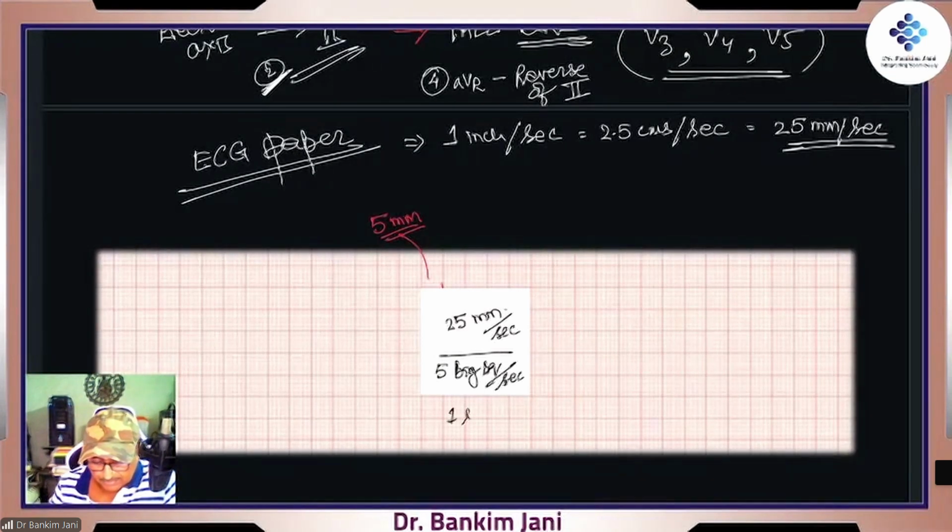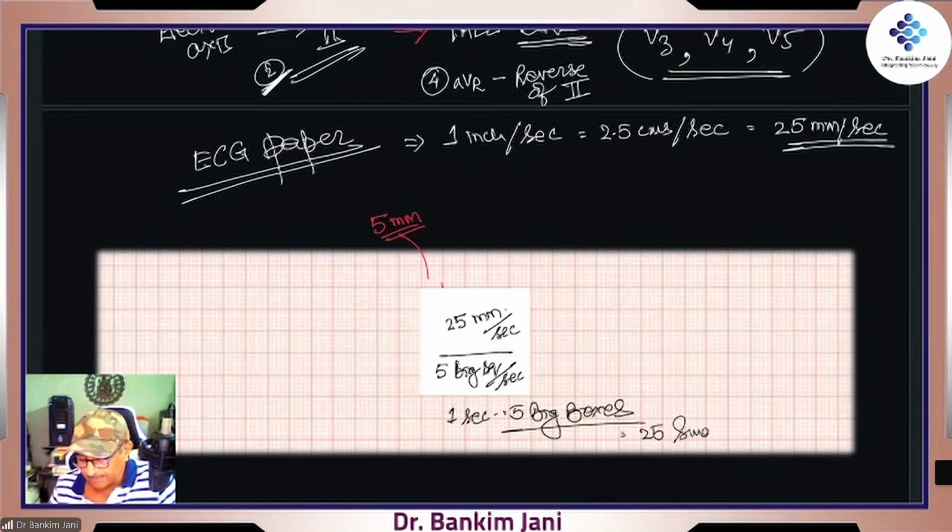So 1 second is equal to 5 big boxes. When we say 5 big boxes, that means 25 small boxes, because each big box is what? Each big box is 5 small boxes. So far clear?